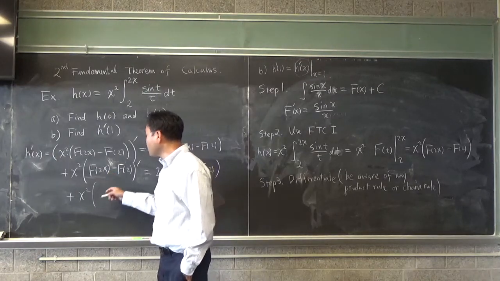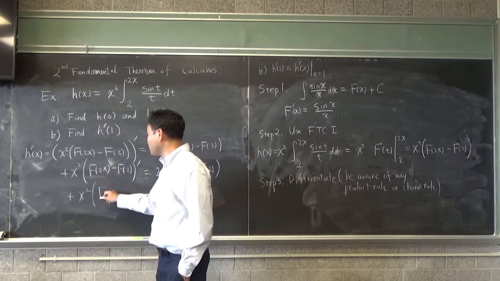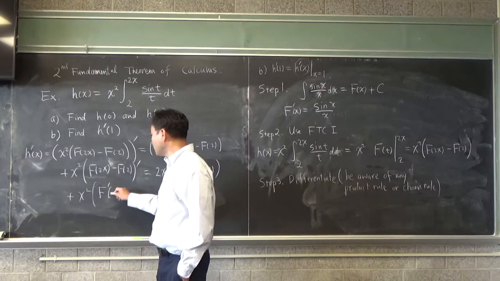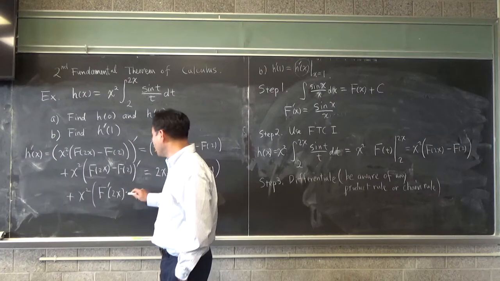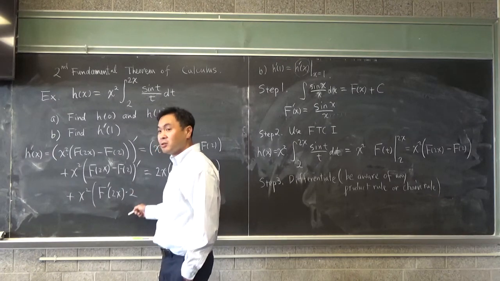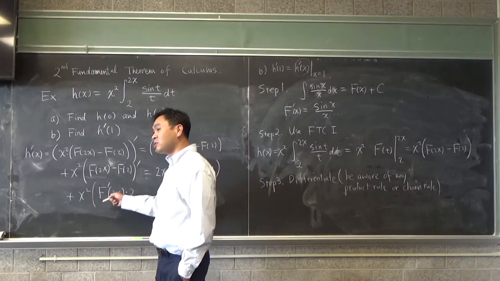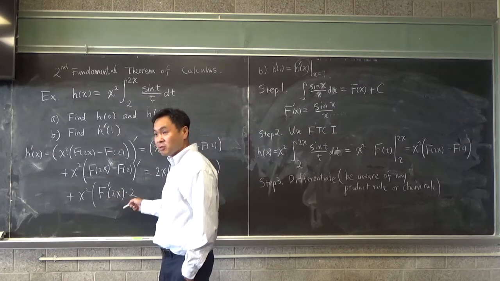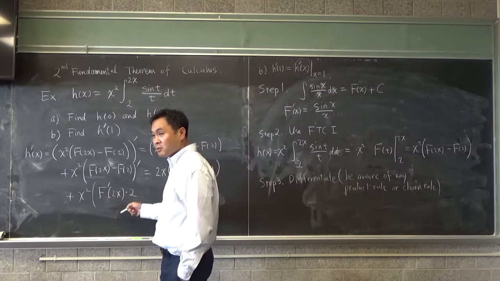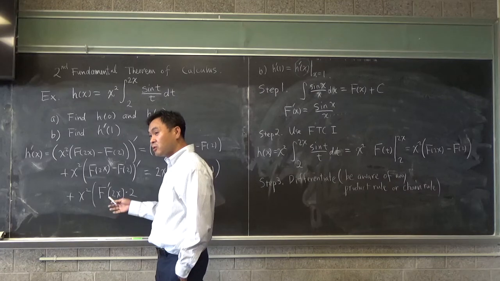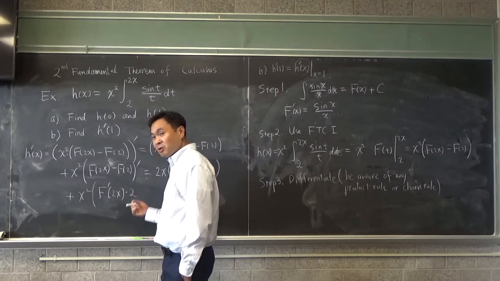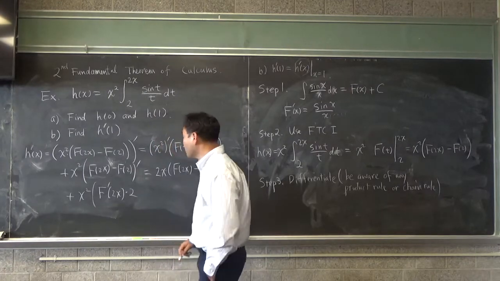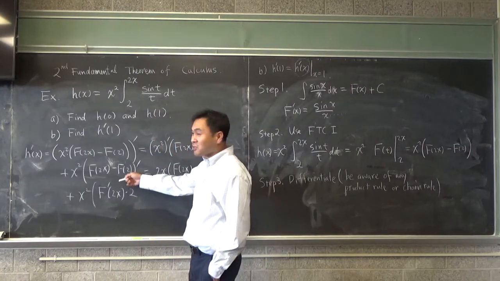So the chain rule says you differentiate the outside function, and then you multiply by 2. Why 2? Because the chain rule says the inside function must be brought outside and differentiated. Remember the chain rule? F of g of x, if you differentiate, the g of x should be pulled out and you differentiate that. That's what happens here.